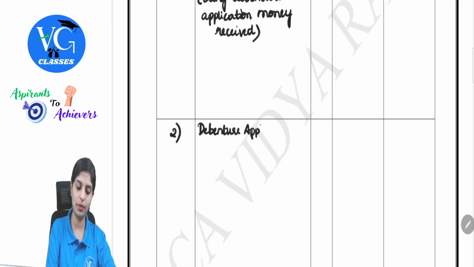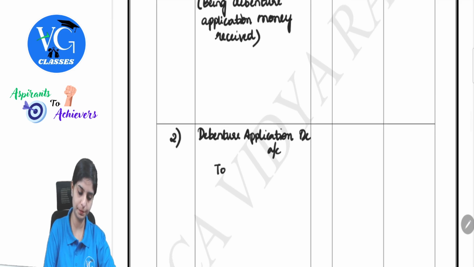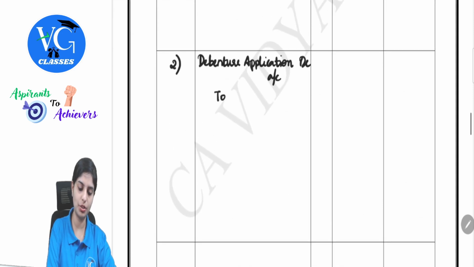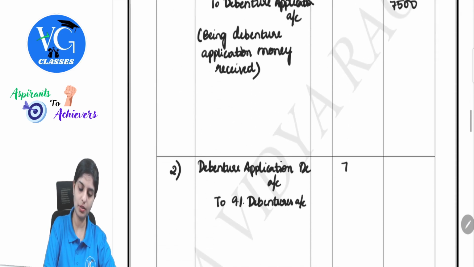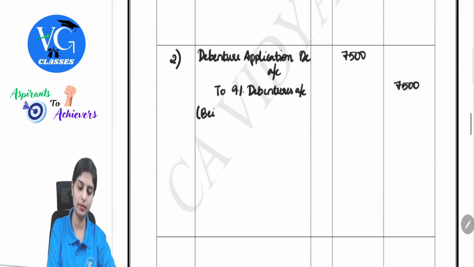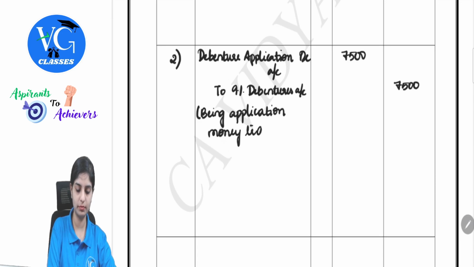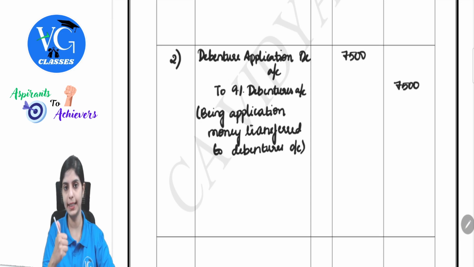Debenture application account debit to 9% debentures. 7,500 and 7,500, being application money transferred to debentures account. Clear? Next.